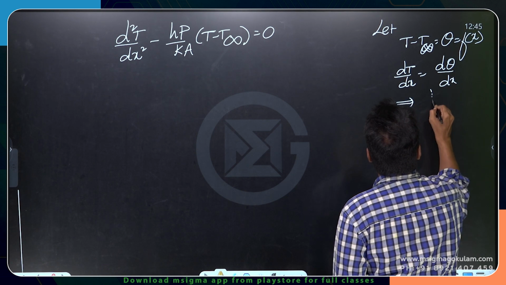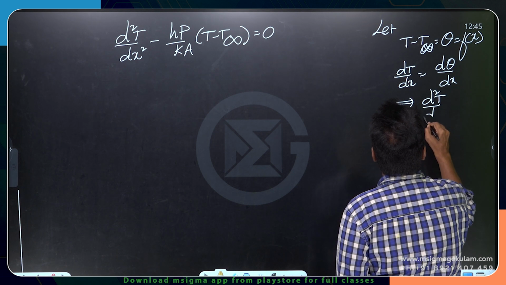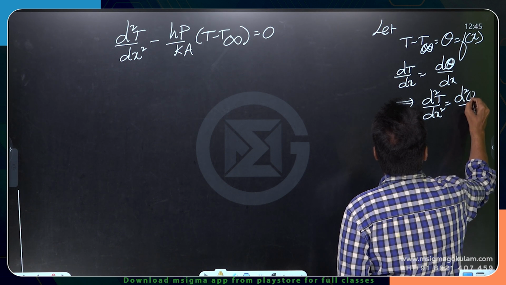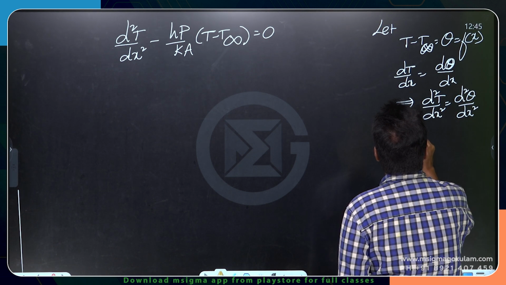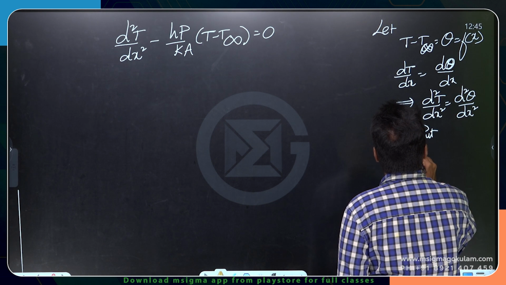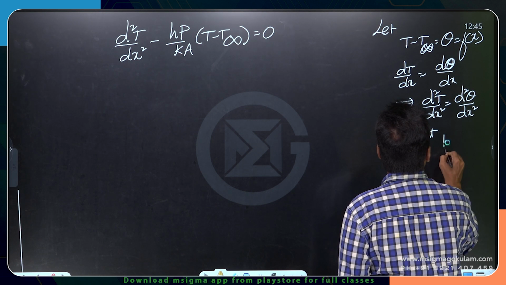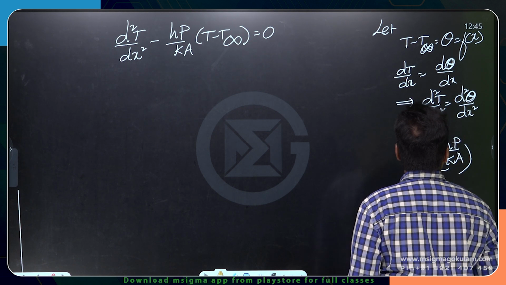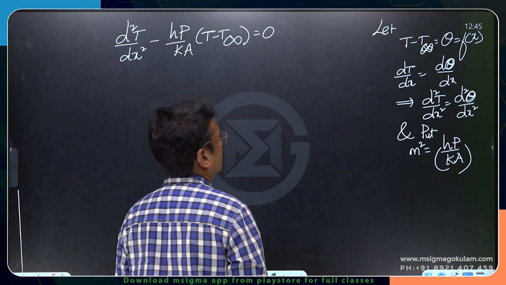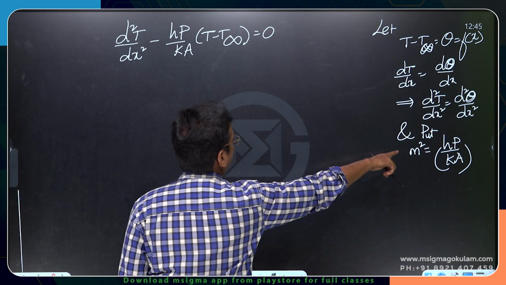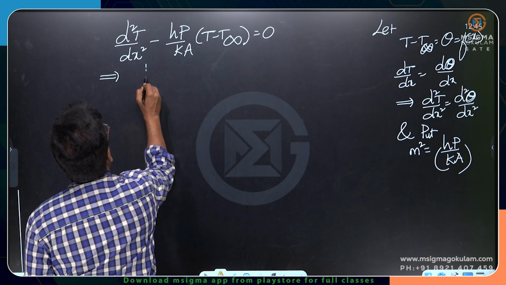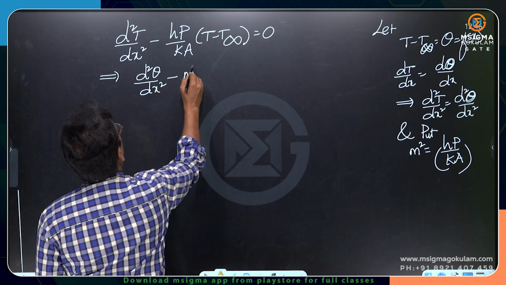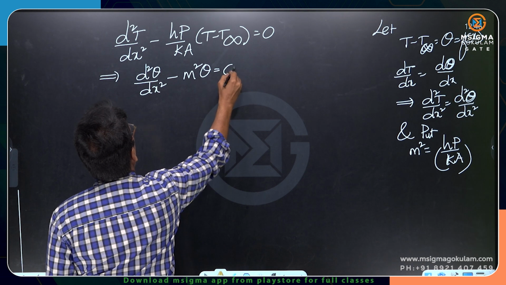If you differentiate one more time, it will be d square theta by dx square, and put m square is equal to hP by kA. m square is hP by kA. Now if you substitute these two things here, you will get d square theta by dx square minus m square theta is equal to 0.